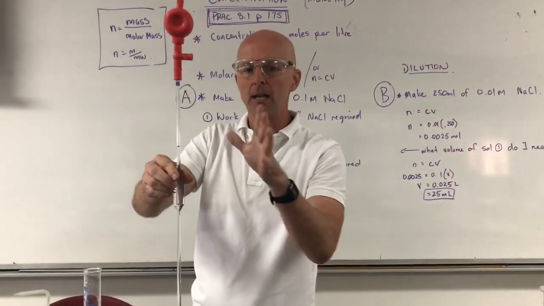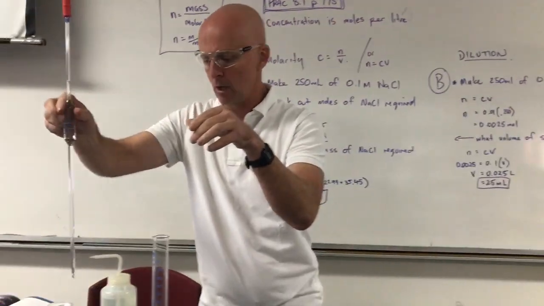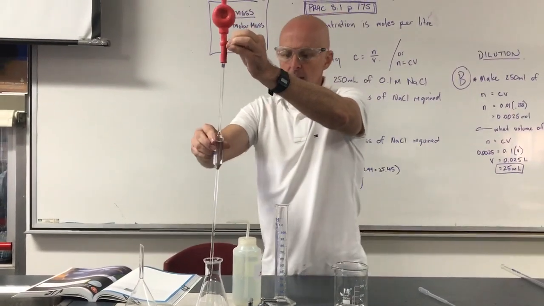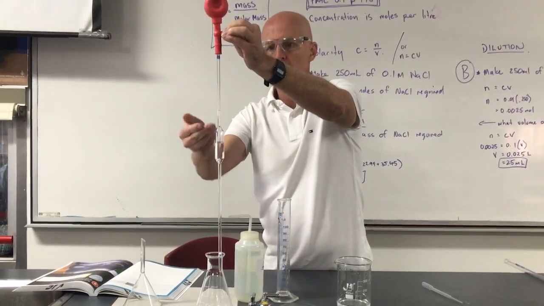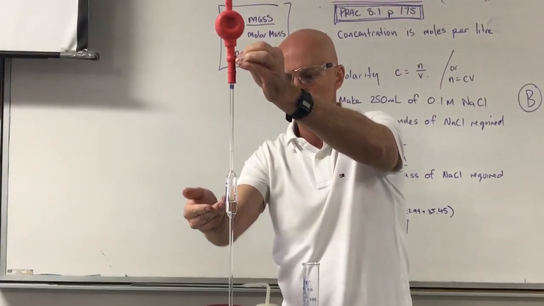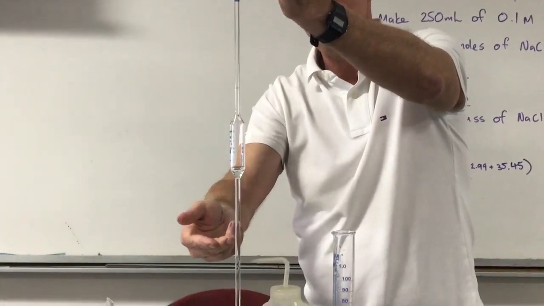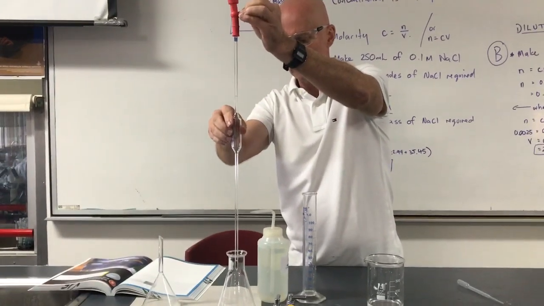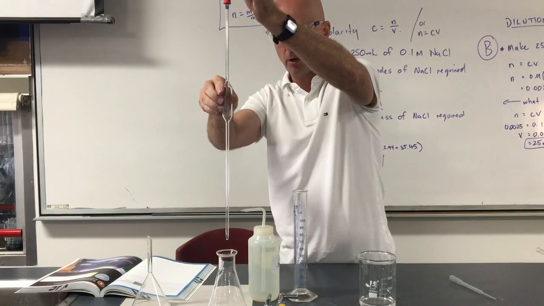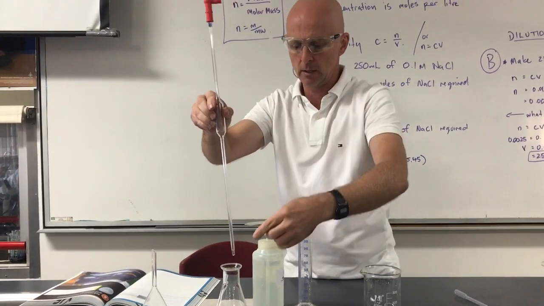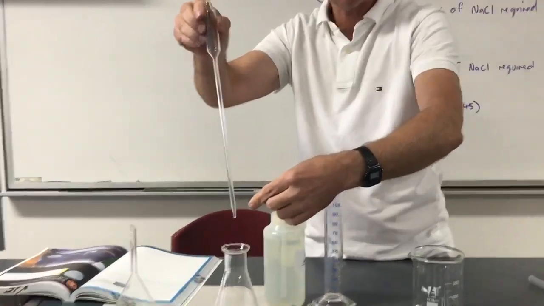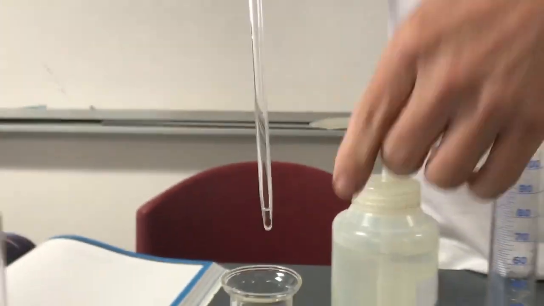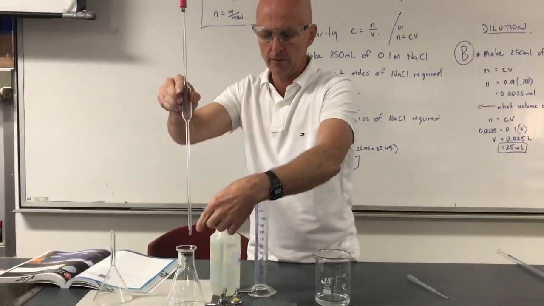So what I do is then I take this whole apparatus across and I place it into my conical flask there, and you can see the water. If I press expel, you can see the water slowly running down and out and into the conical flask. What you'll find as it gets to the end, it'll stop even if you're pressing expel, and you can see a tiny little bit of fluid here. All right, and you might think, oh, hang on, that's not accurate, but it is calibrated to account for that bit of fluid there.